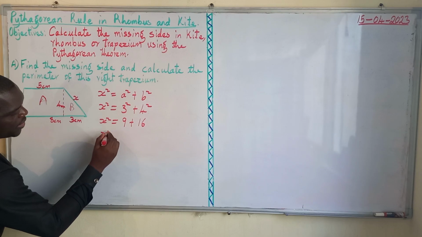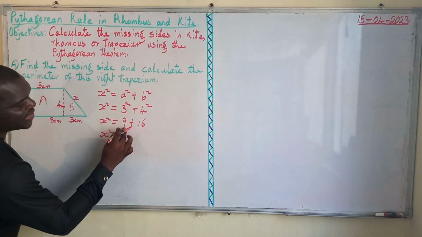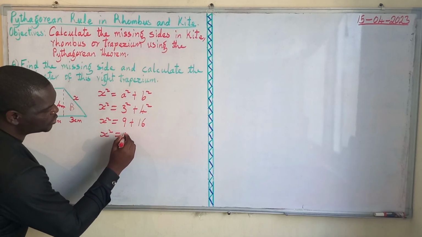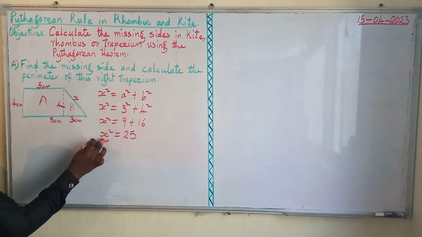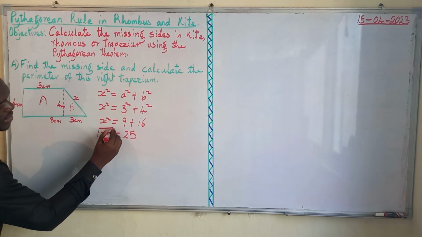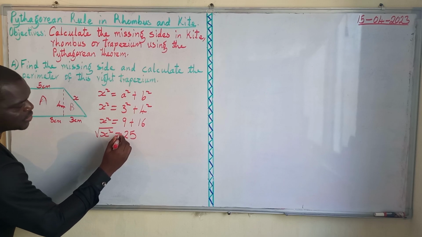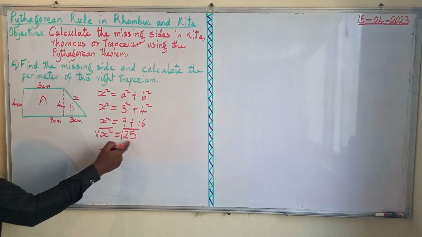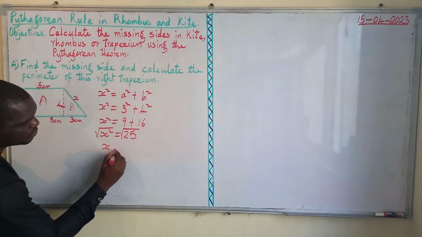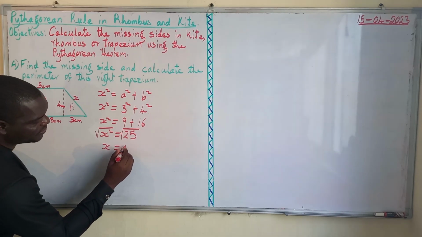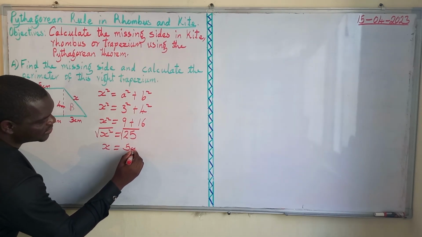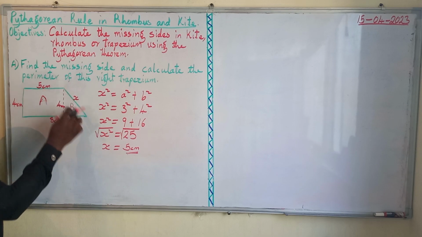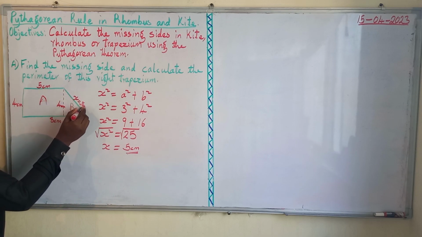And x squared again is equal to 9 plus 16, which is equal to 25. So to find x, we simply find the square root of x squared and the square root of 25. So x will be equal to the square root of 25, which is 5 centimeters. So we can easily identify this as x equals 5 centimeters.